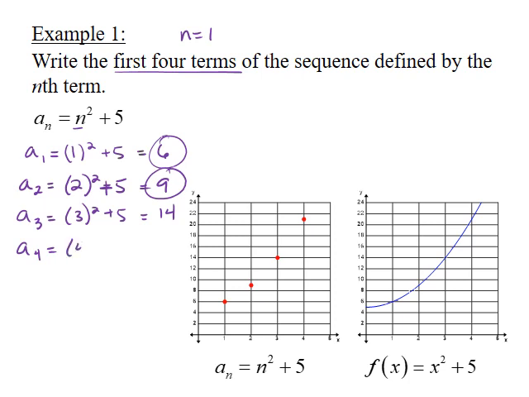Plugging in 4, 4 squared plus 5 is 21. So if I were to write this as a sequence, we would say 6, 9, 14, 21, and so on. What we've done here is we have plotted each of the terms, and it's just illustrated here.